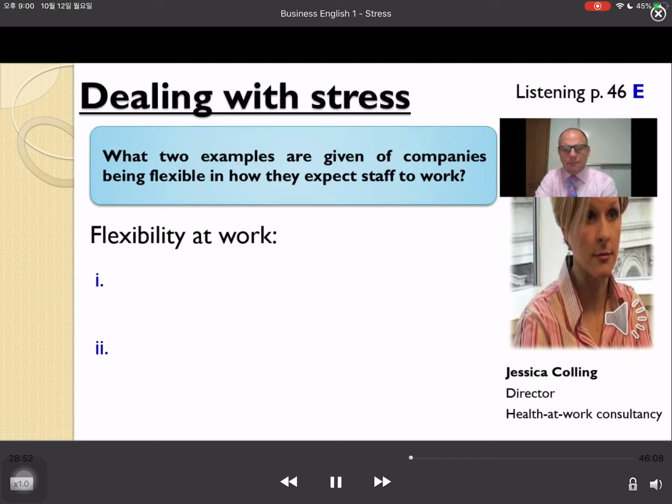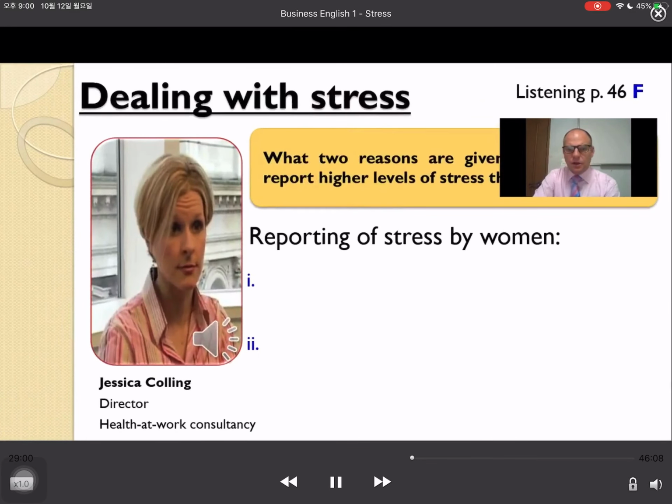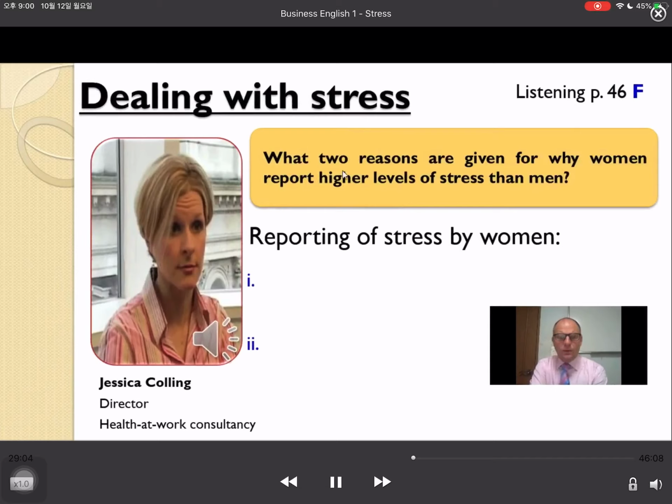So what examples does Jessica give of companies being flexible in how they expect staff to work? Then there's a third one. What 2 reasons are given for why women report higher levels of stress than men? So there you go, you're looking at gender differences in stress there. And why are women reporting more stress than men?